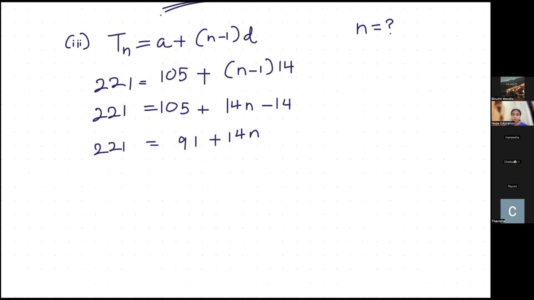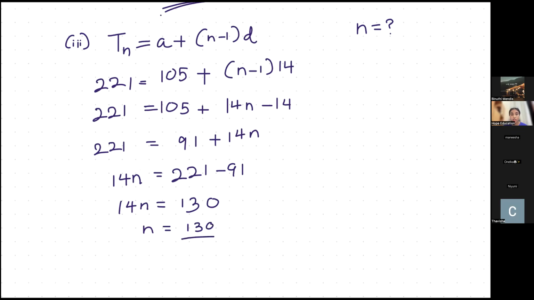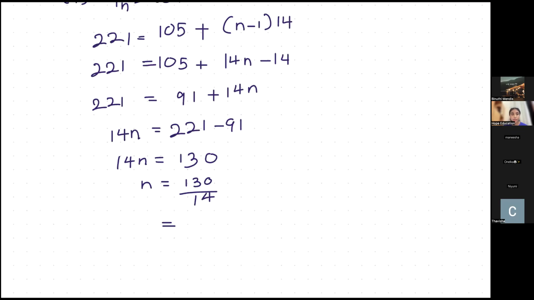Then keeping 14n on this side and 221 on the other side, 91, I'm going to bring it to the other side. Then 14n equals 1 minus 1 is 0, 22 minus 9 is 13, so 130. So n equals 130 divided by 14. 9 times 14 is 36, 3 remaining, 9 times 1 is 9, 10, 11, 12, 4 remaining.